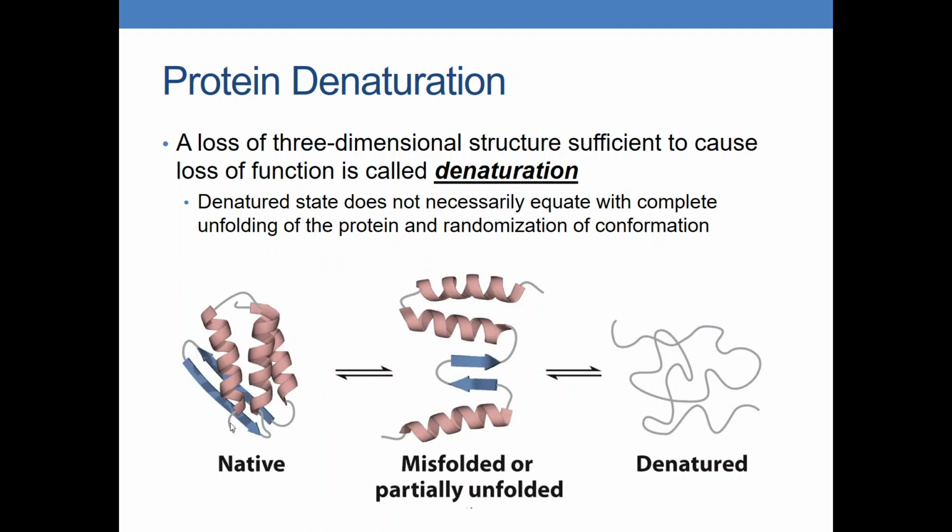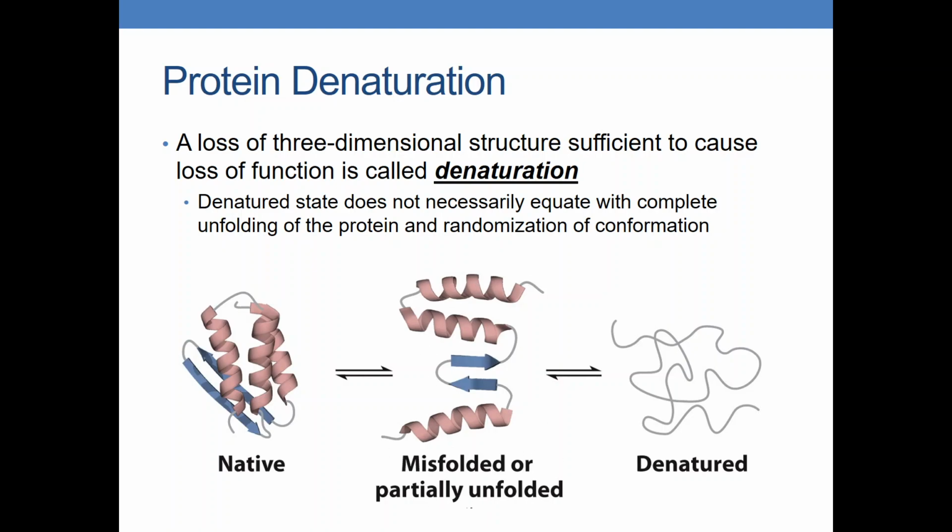Now, when we look at this figure here, you'll see we go from native state to partially misfolded or unfolded to what is labeled as denatured. In this particular case, complete loss of structure is the denatured state. But imagine a situation where you have an enzyme that loses function once you go to that partially unfolded state. In those cases, I would classify this as the denatured state.